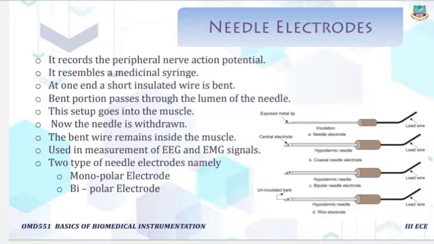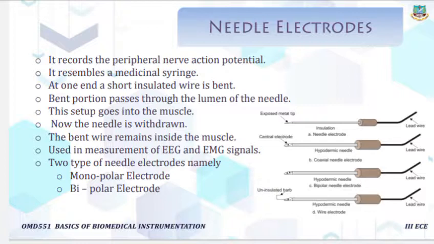The bent portion is inserted through the lumen of the needle and is advanced to the muscle. The needle is withdrawn and the bent wire is twisted inside the muscle. This setup goes into the muscle. Now the needle is withdrawn and the bent wire remains inside the muscle.